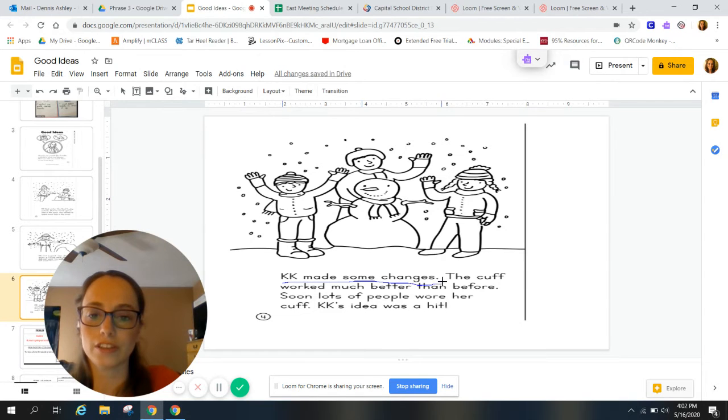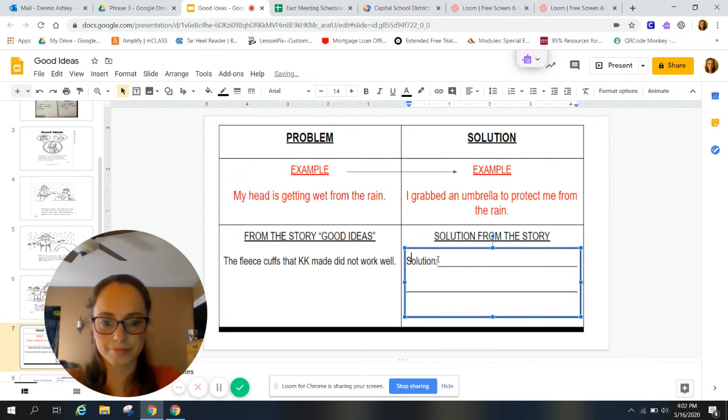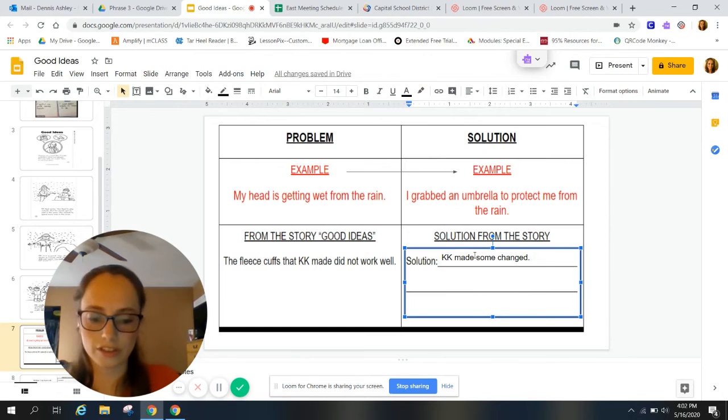KK made some changes. So let's go back to our graphic organizer and add that in there. So we know that KK made some changes. And we know that the fleece cuff works so much better now.